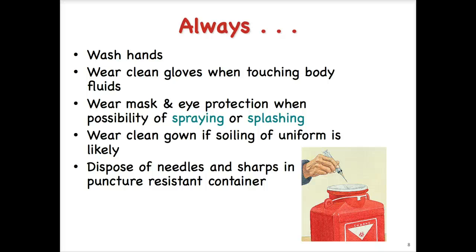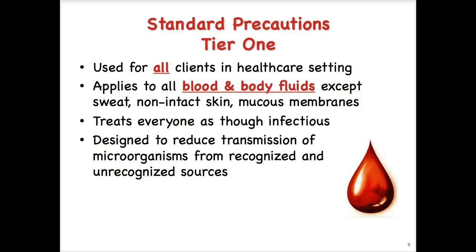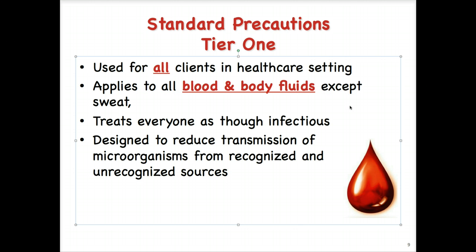You're going to always protect your eyes and wear a gown when soiling is possible. You want to understand standard precautions. They're your tier 1. They're used for all clients in a healthcare setting, regardless. It always applies to all blood and body fluids except sweat or perspiration. Perspiration is not considered a body fluid, and I'd remember that if I were you.